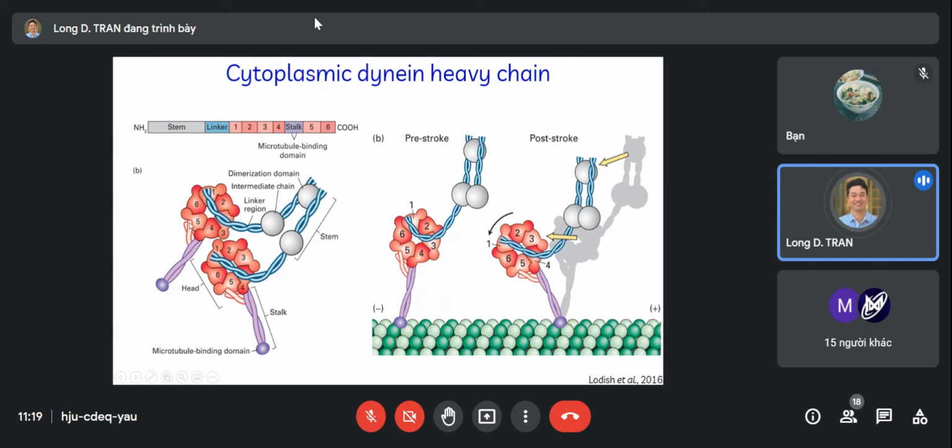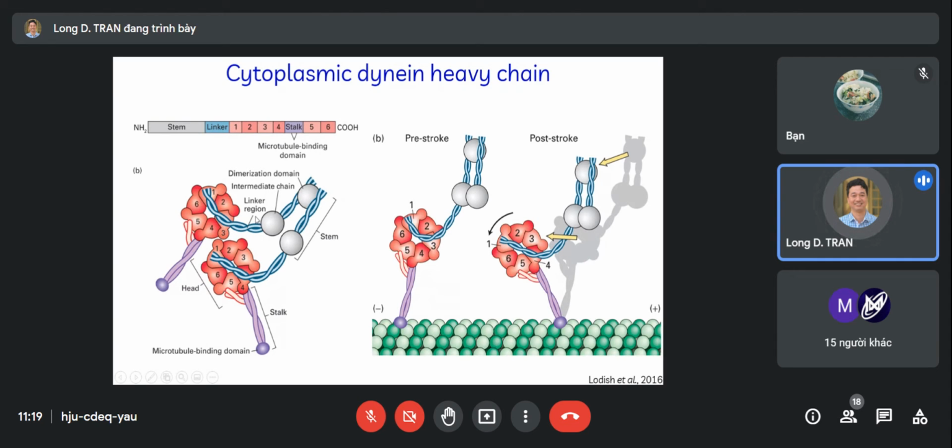Among these 6 ATPase domains, it is only known that domain 1 has ATPase activity and can hydrolyze ATP. So the hydrolysis of ATP by domain 1 contributes to the movement of dynein, and the others are not involved in the hydrolysis of ATP.